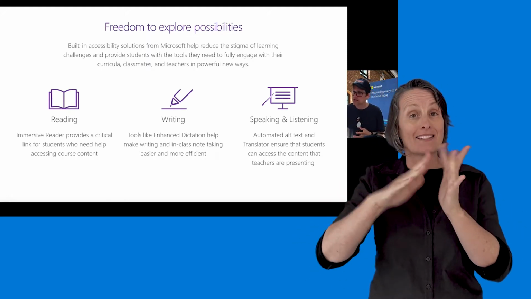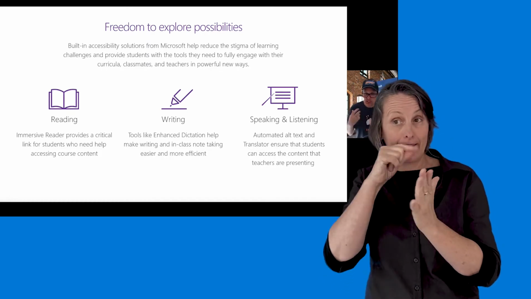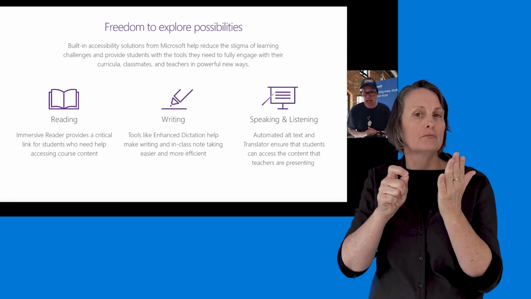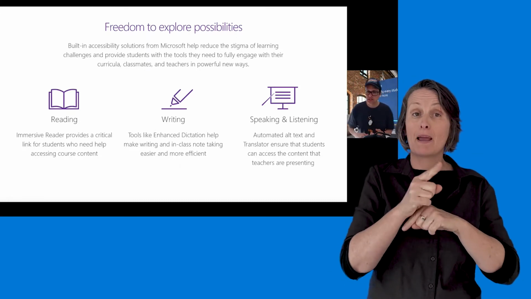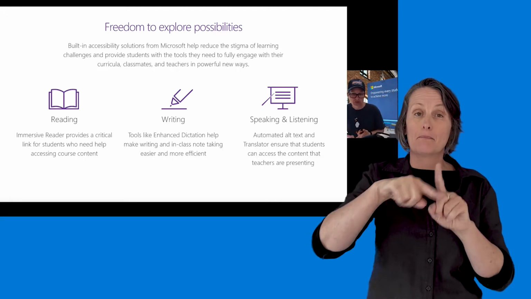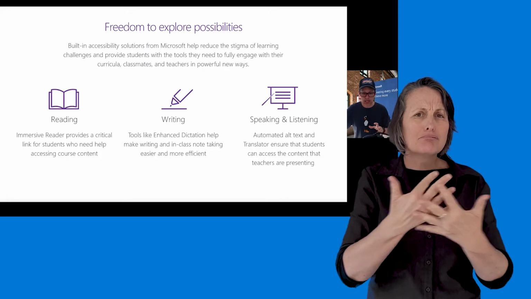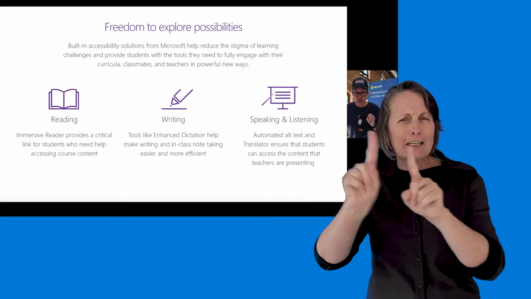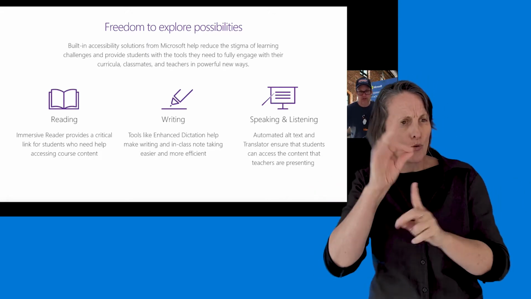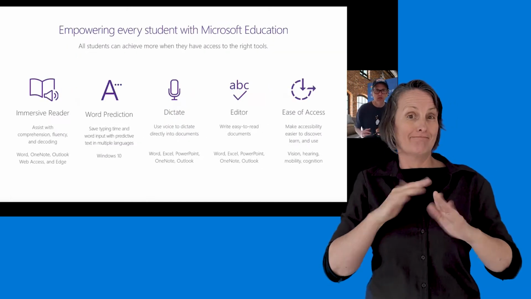We also looked at the Editor tool to help make writing and note-taking easier and more efficient. And then we looked at speaking and listening, so we looked at Translator, and alt texting and that kind of stuff built in as well. There's so much that you can do in the Microsoft space to improve classroom experiences, assessments, and also your private independent study.